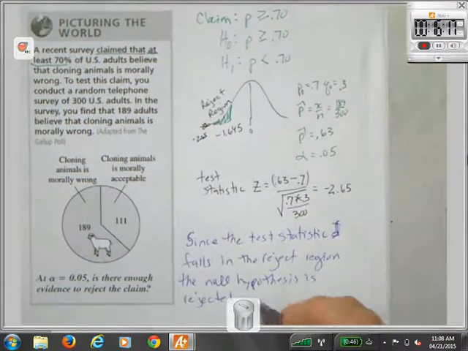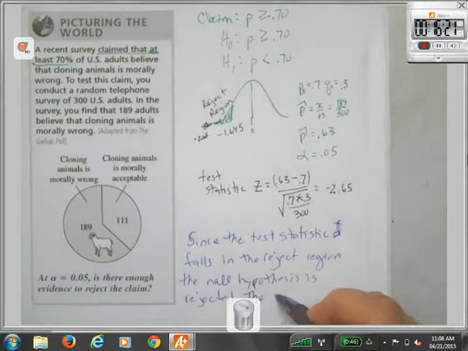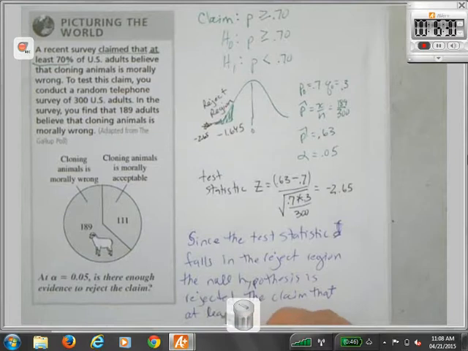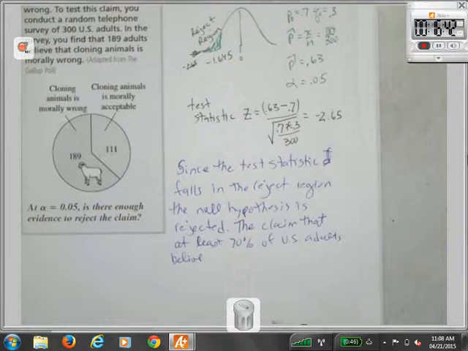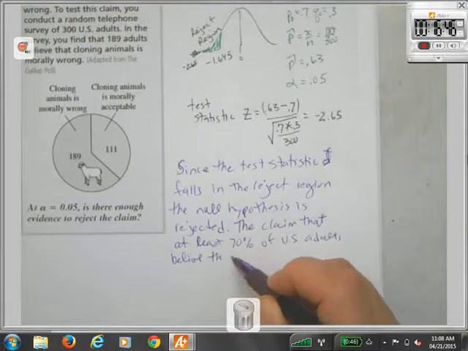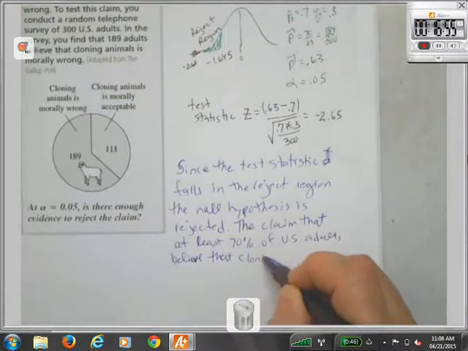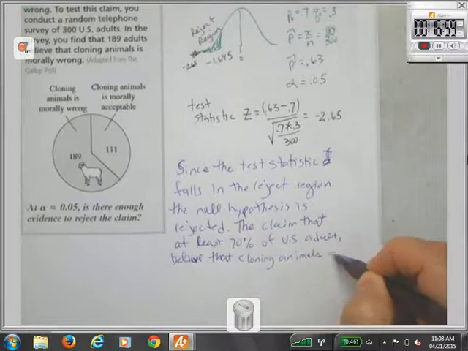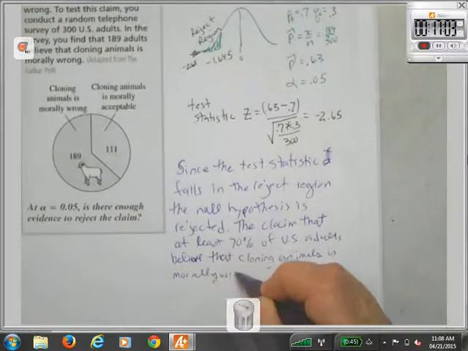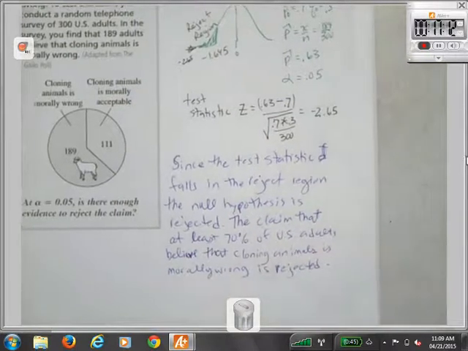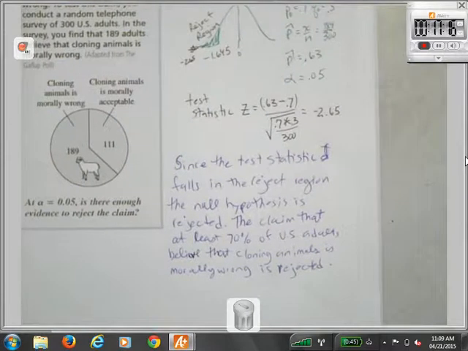So we can even say the claim that at least 70% of U.S. adults believe that cloning animals is morally wrong is rejected. Not too bad. Any questions?